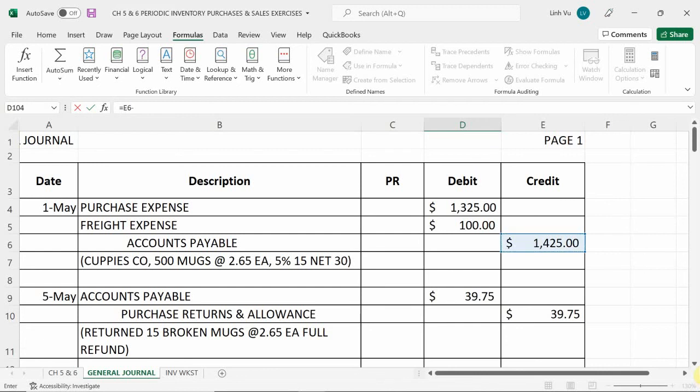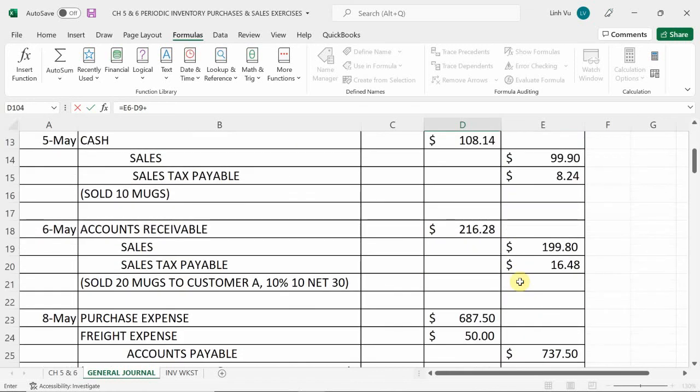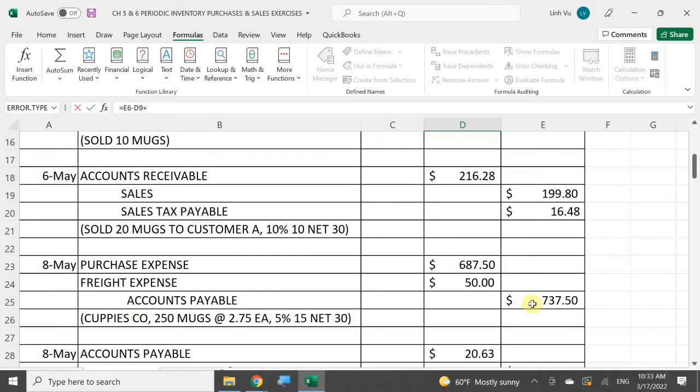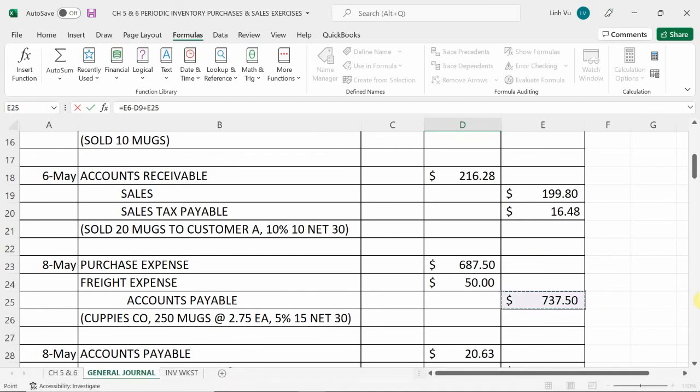However, I end up returning $39.75. Then on May 8th, I end up making another purchase of 250 units, which increased my accounts payable by $737.50.